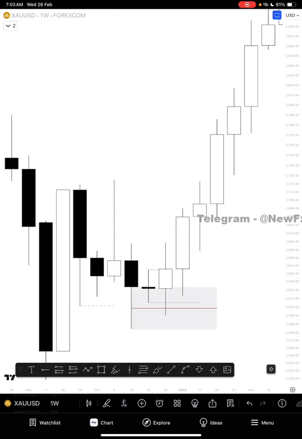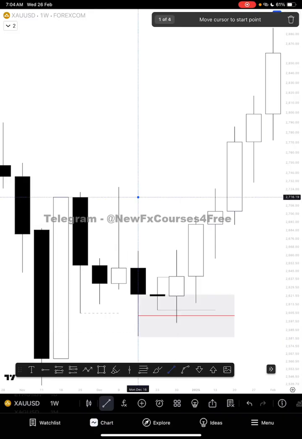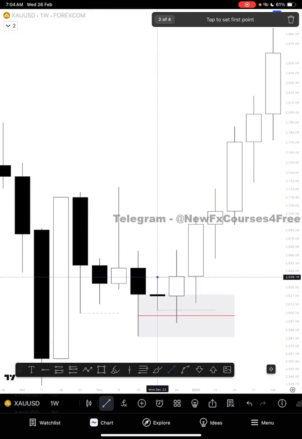Then the market actually ranged on Monday. Okay, this is the weekly time frame. Ranged here, then manipulated into the 50% level of this rejection block, and we got higher prices closing above.